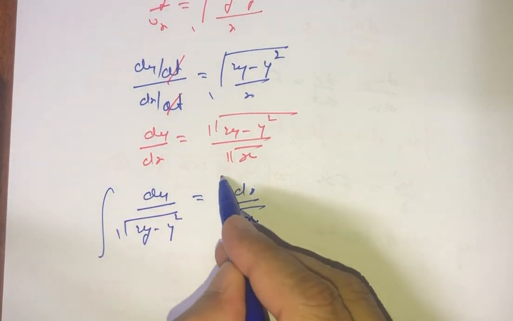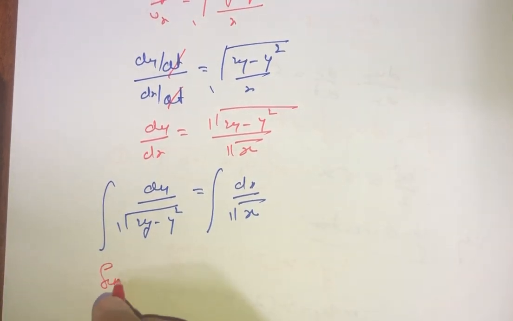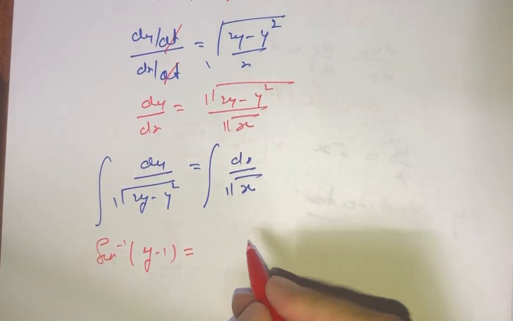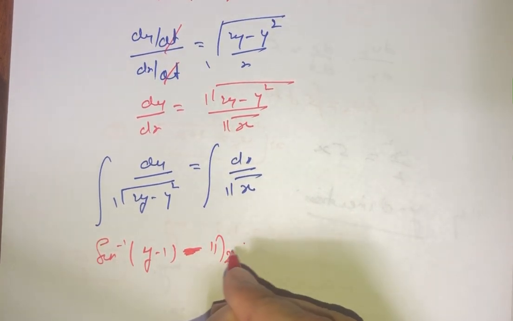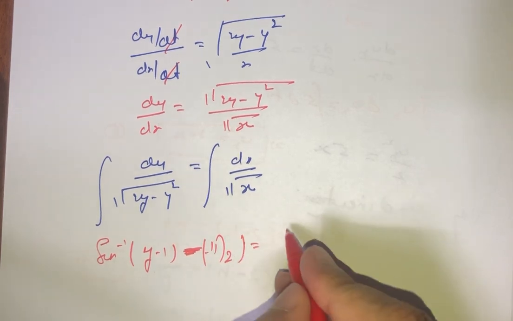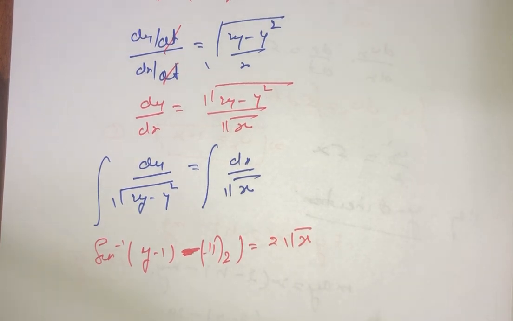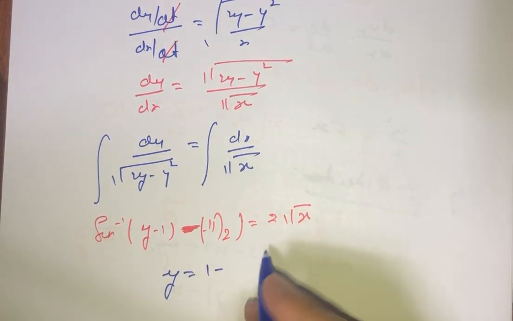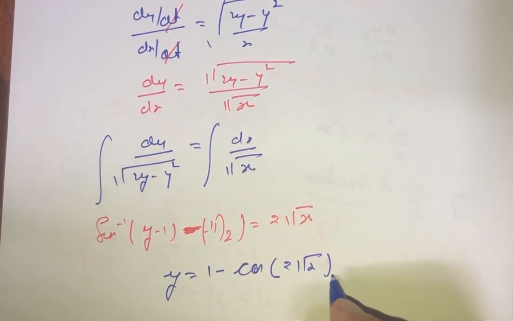Now we are going to integrate both sides. So this will be coming as sine inverse of y minus 1 plus pi by 2 is equal to 2 square root of x, or we can say y is equal to 1 minus cos 2 square root of x.